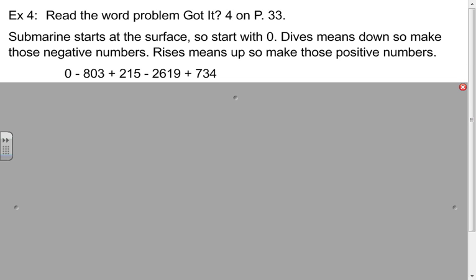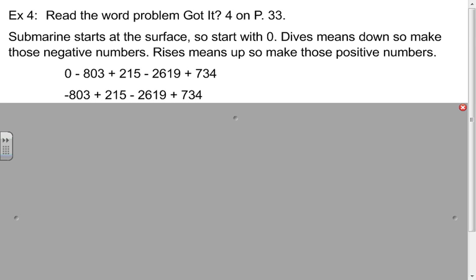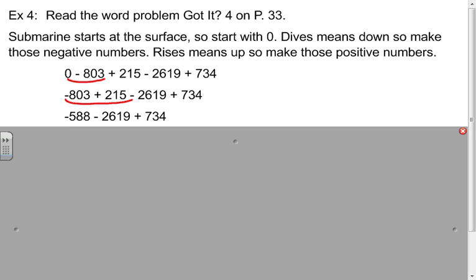So, 0 minus 803 gives me negative 803, and the rest of my problem stays the same. Now we're going to put these two together. Negative 803 plus 215 gives me negative 588, and the other two numbers stay the same.